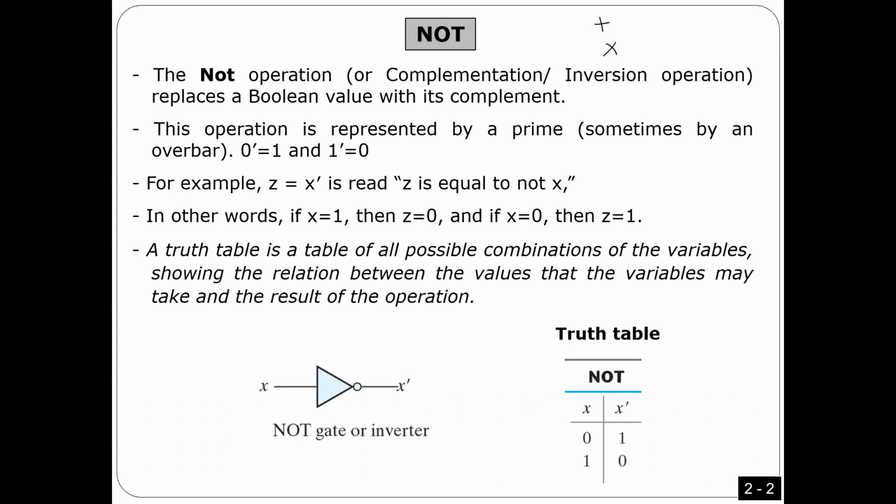But here I'm going to do logic operations on Boolean variables. Every variable I have, for example variable X, is a binary or Boolean variable. So this variable can take one of two values, either 0 or 1.